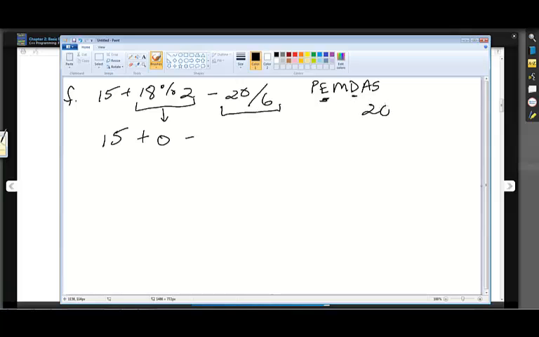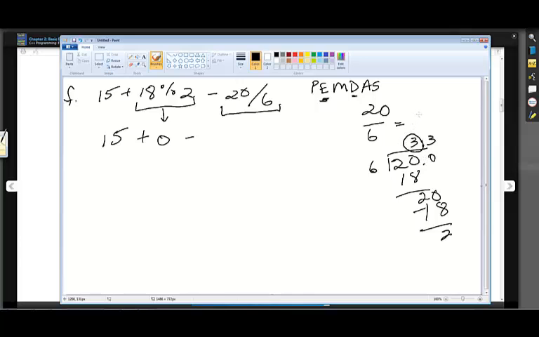So 20 divided by 6 equals what? How many times does 6 go into 20? 3, which is 18. I want to stop here because I want to tell you why. I could keep going, but it doesn't matter, because both of these numbers, 20 and 6, are integers and there's no decimal, so I'm just going to take this part right here.